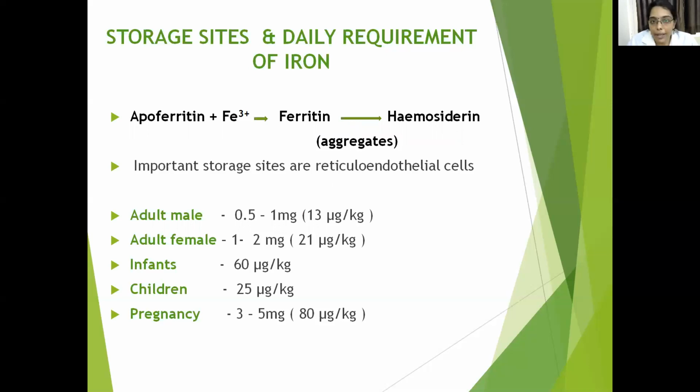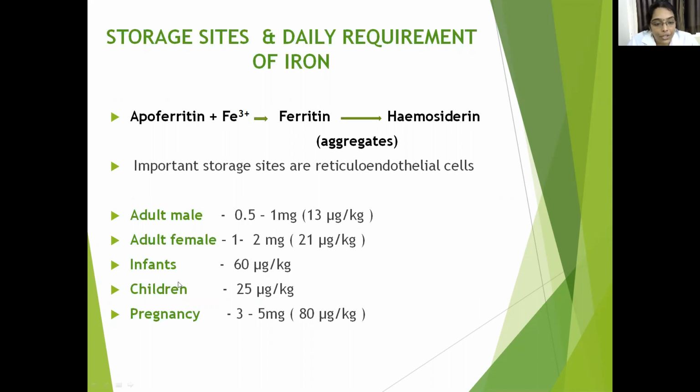Even though the primary reflection of iron loss can be seen in blood, it eventually affects the other cells as well. If you see the daily requirement, adult males require about 0.5 to 1 mg or 13 microgram per kg. In adult females, it is 1 to 2 mg or 21 microgram per kg.